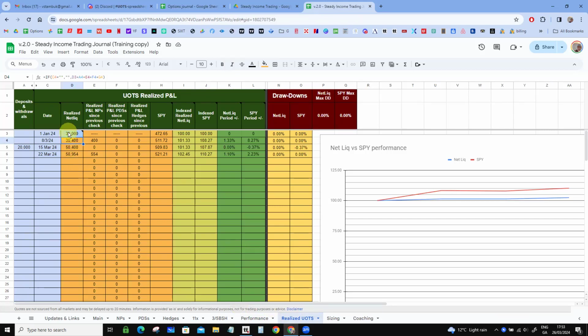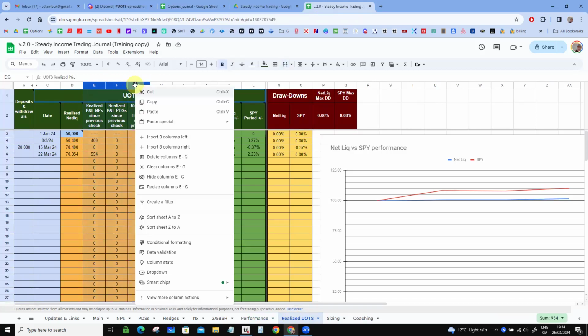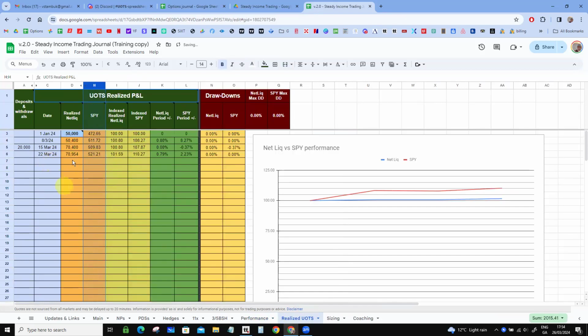And then similarly, the one I explained earlier, Realized UOTS. If you only allocate a certain amount to the strategy and not the full net liq, you have to use this tab. It will do the same thing. These columns here are actually hidden, used just for calculations, but you don't really need to have them cluttering the space.